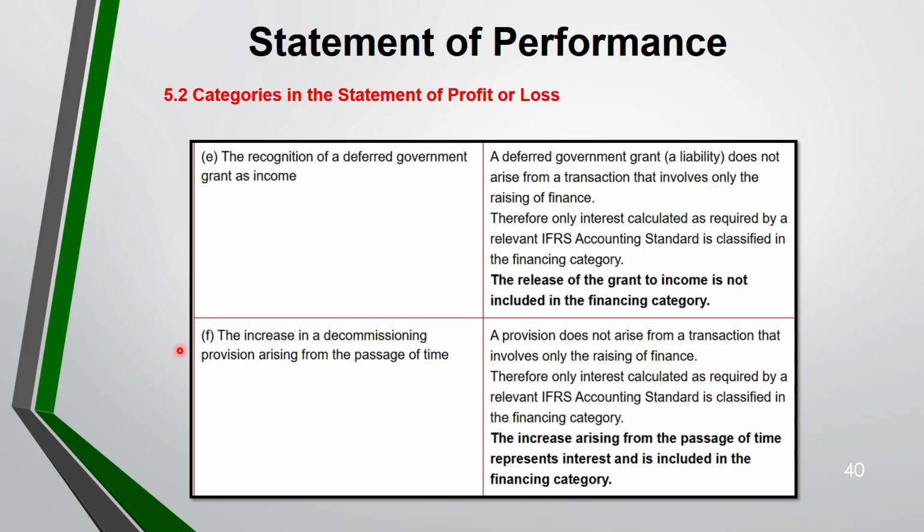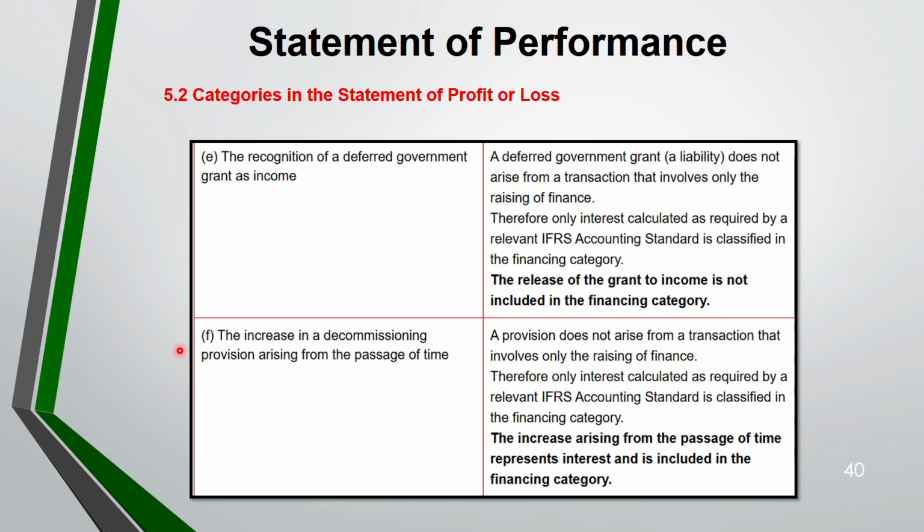So in short, if I have to give you a summary after all the 6 items, if anything is arising only as a raise of finance, that means any transaction taking place only to raise finance, then all of its elements will be in the financing category. Okay, as simple as that.